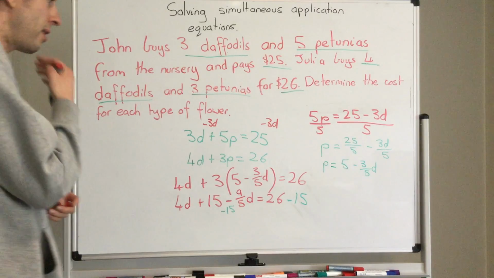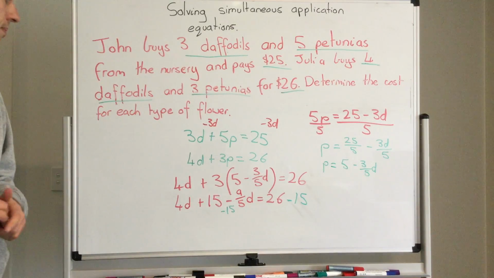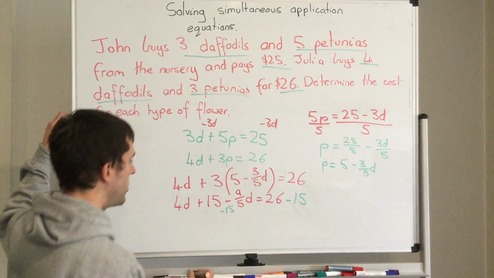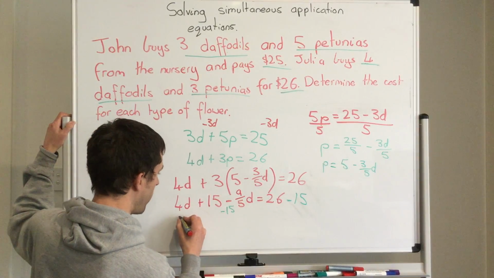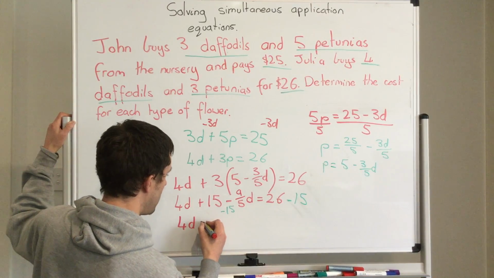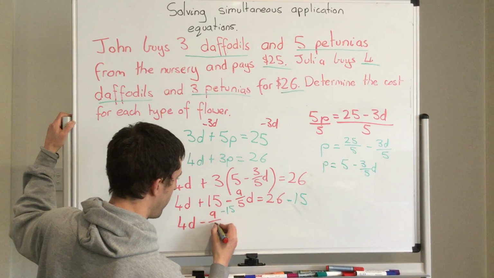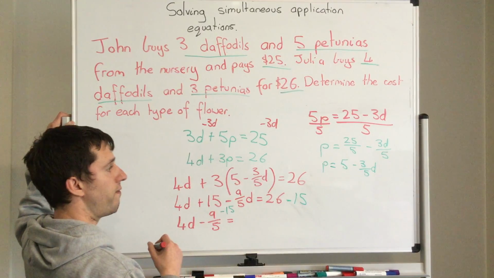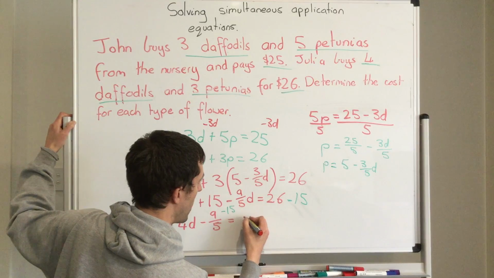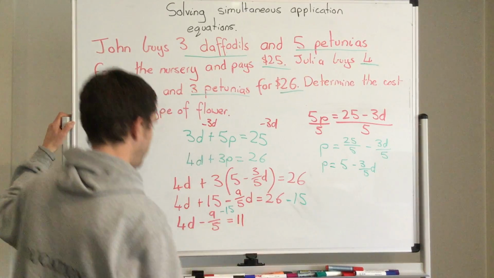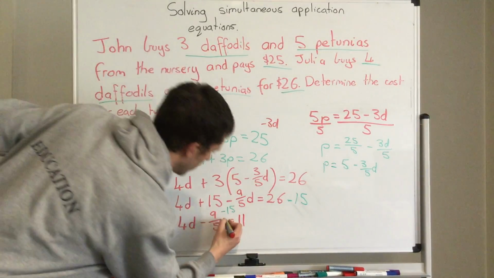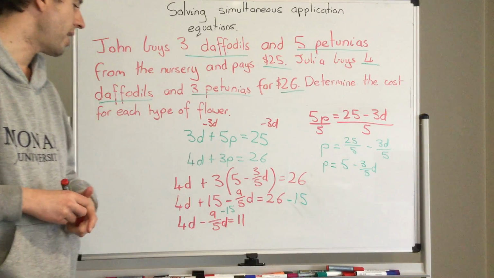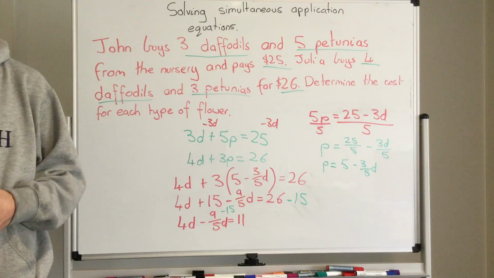Now 15 take 15 is 0. So I've got 4D take 9 over 5 equals 26 take 15 equals 11. So now I've got 4D take 9 over 5D, which equals 11.